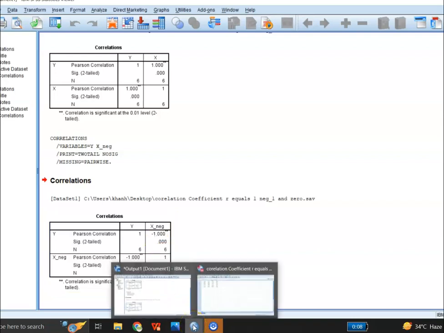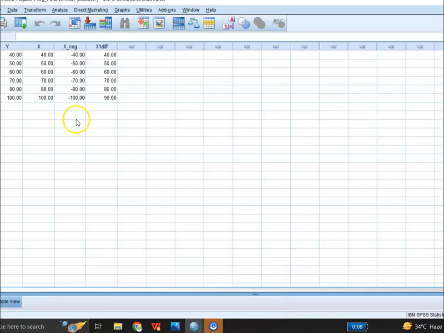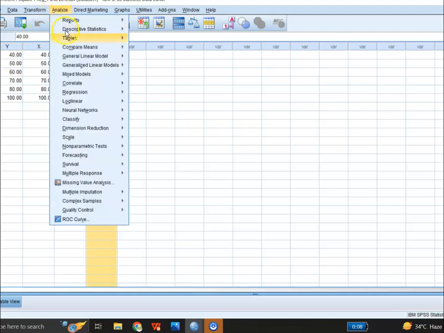If we change only one value of these two variables, now x and y are exactly the same, but in this series I change only this value from 100 to this value, the rest of the values are the same as the y values. Then let us see what happens in this situation.